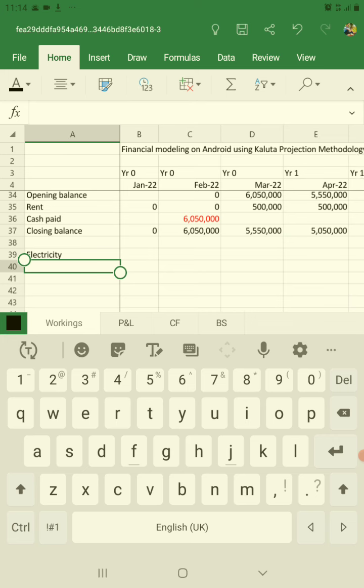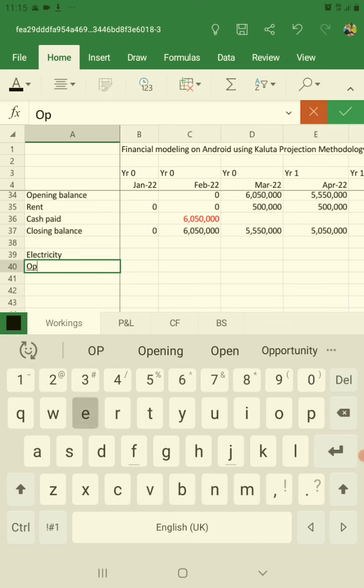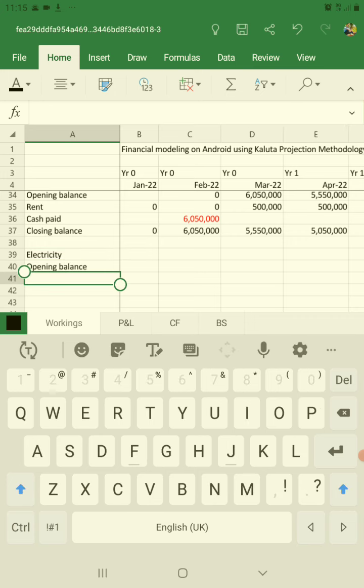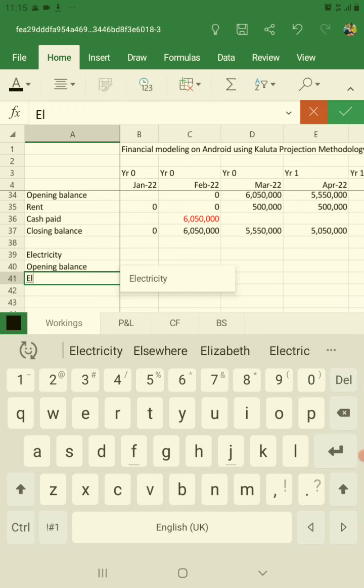So we start with opening balance. We are modeling for accrual here. Opening balance, and then we add electricity for the month.